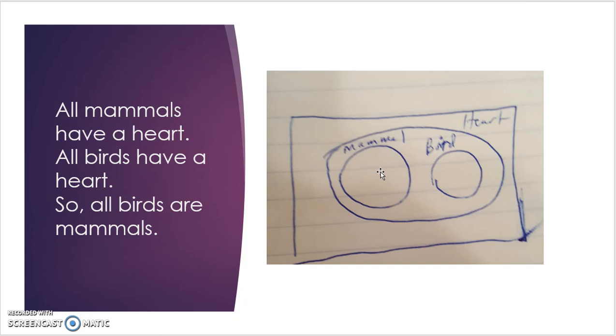In several of these, we do not have that all birds are mammals. Actually, in this one, no birds are mammals. So it's possible to draw a diagram in which both premises are true, and yet the conclusion is false. With that possibility, we'll have to say this is an invalid argument.